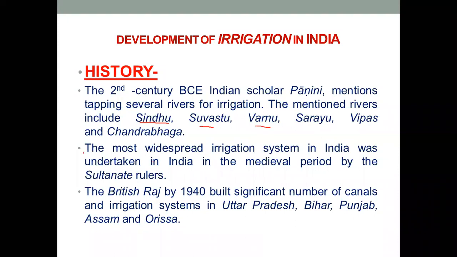Then the second phase in development of irrigation in India came when the most widespread irrigation system in India was undertaken in the medieval period by the Sultanate rulers. Okay, and the third phase came during the British occupation.